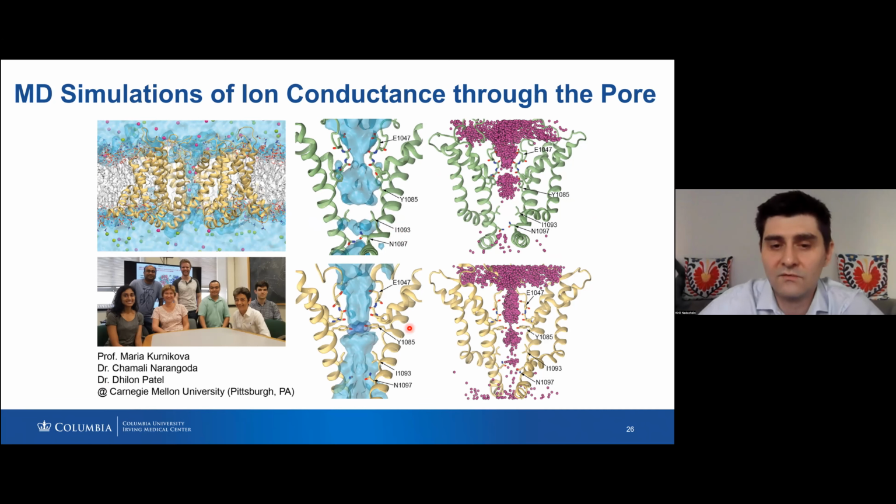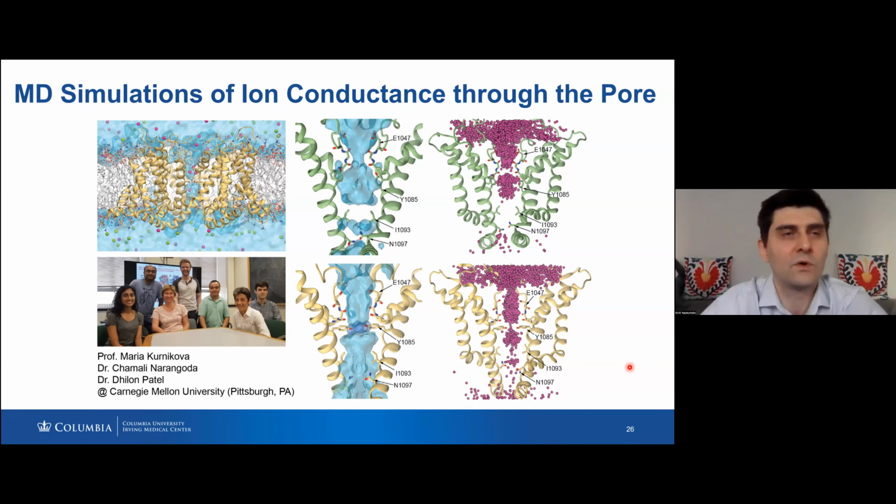But for the mutated state, you can see that water can go through the channel and also ions can go. So this was kind of independent justification that indeed our pore is open and it can conduct ions.